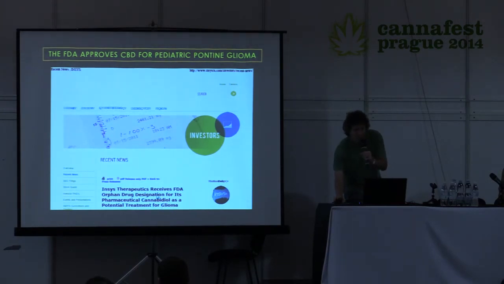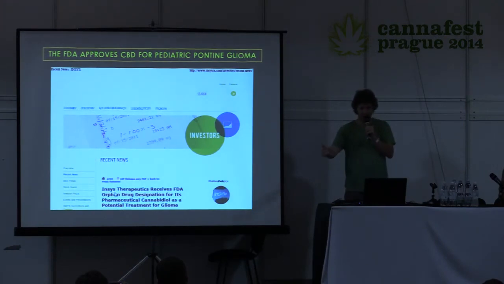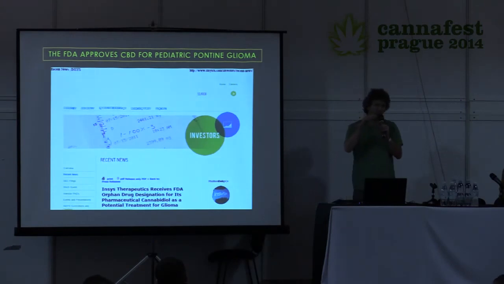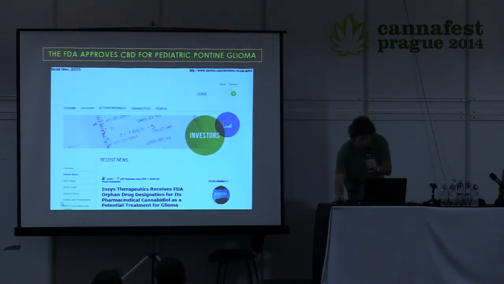So now there is a company in the States that is going to start using cannabidiol for the treatment of glioma, not illegally, but legally after the approval by the FDA. The FDA has given the approval not as a first-line treatment, that's the standard treatment for gliomas, but for gliomas that did not respond to the standard treatment, what we call the orphan drug designation.